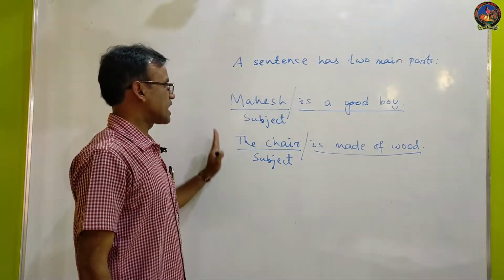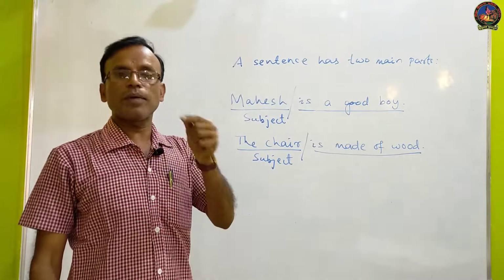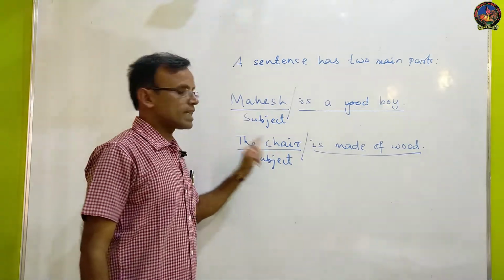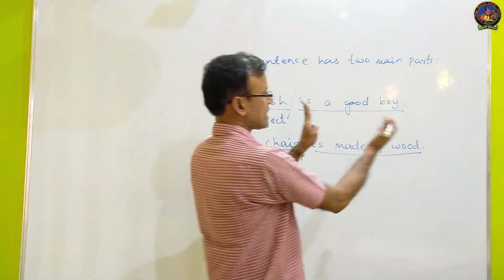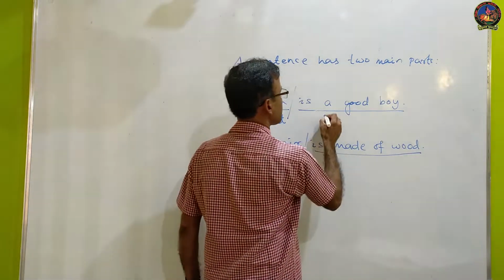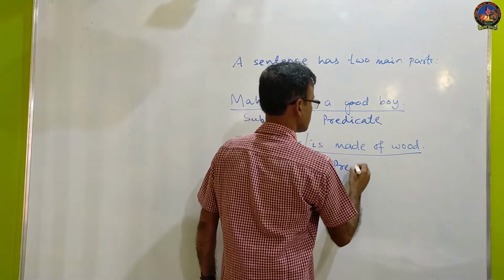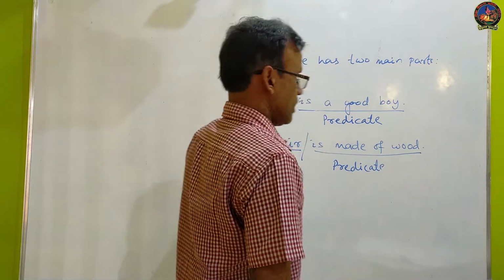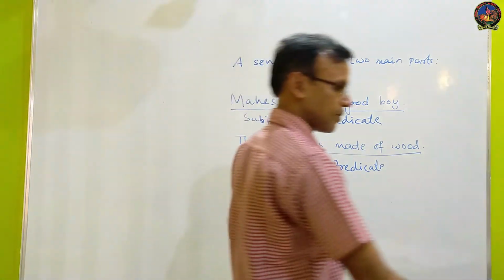In these examples, I said something about Mahesh, so Mahesh is the focus of my expression. And in the second example, the chair is the thing that I am talking about. The rest part of these sentences is known as the predicate. Subject and predicate are the two main parts of a sentence.